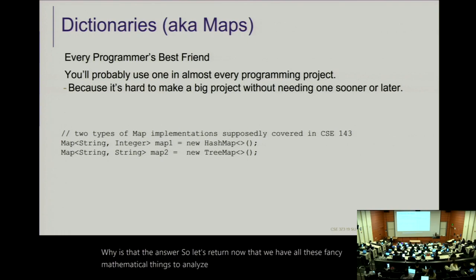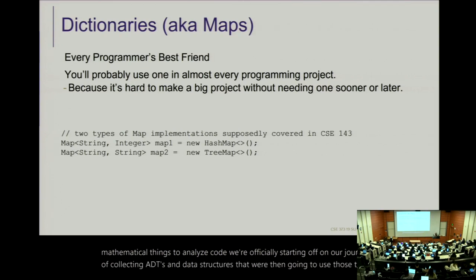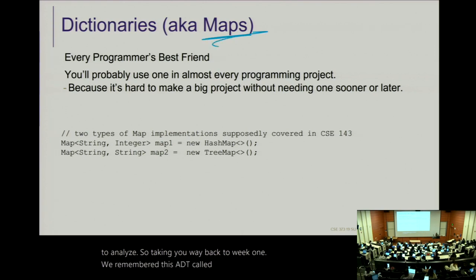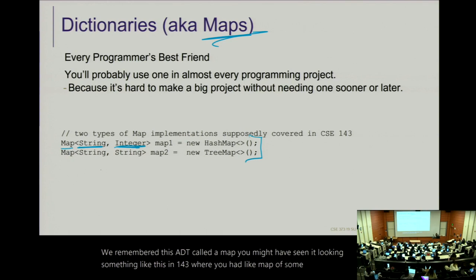We're officially starting off on our journey of collecting ADTs and data structures that we're then going to use those tools to analyze. So taking you way back to week 1, we remembered this ADT called a map. You might have seen it looking something like this in 143, where you had a map of some type to another type.